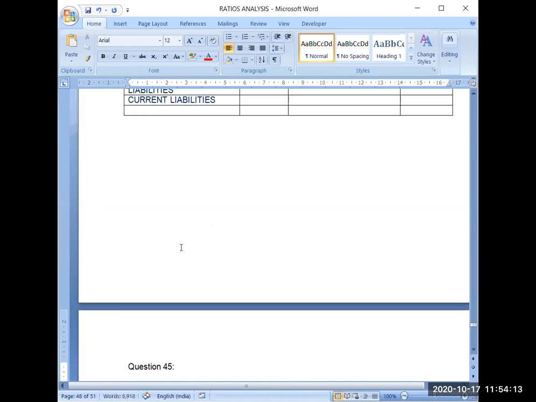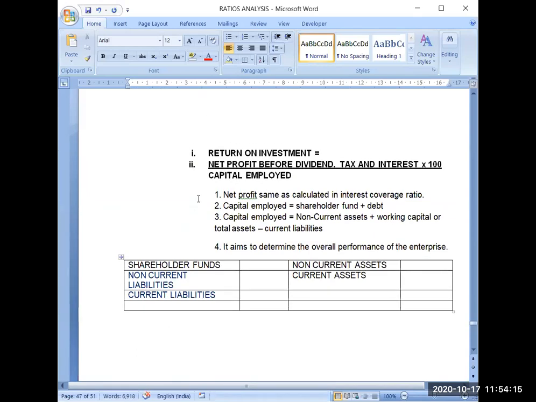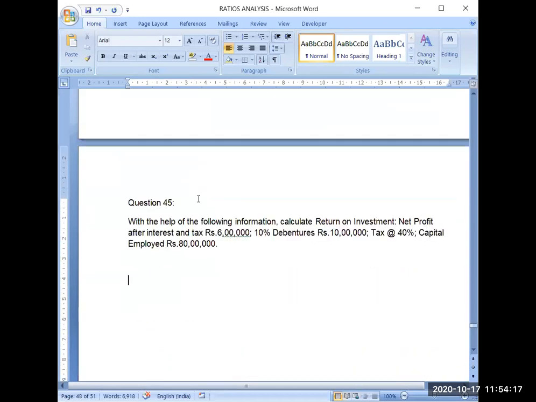So first we will write the formula. Return on investment is equal to net profit before interest, tax and dividend.